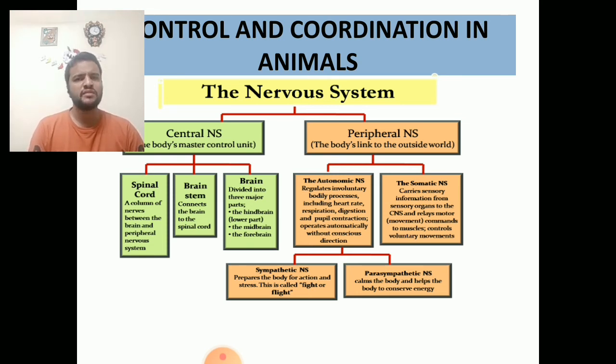The autonomic nervous system is again divided into the sympathetic nervous system and the parasympathetic nervous system. One by one we are going to talk about the central nervous system and peripheral nervous system. First of all, come to the central nervous system.